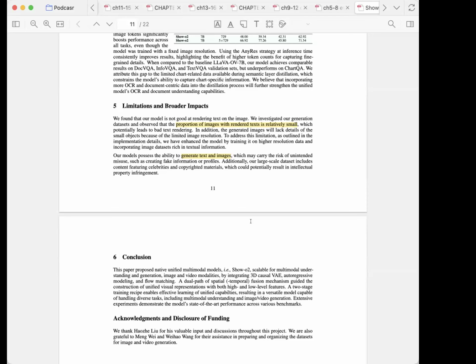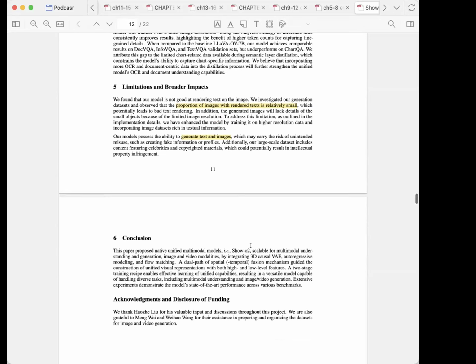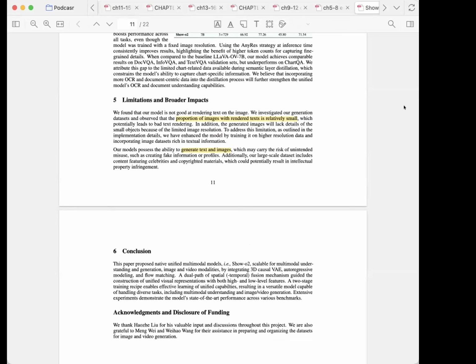Let's say there is a picture consisting of a lot of soldiers or grass. They are very subtle or nuanced objects. For objects that are farther away or in a very small part of the picture, it is hard for Show-O2 to capture the details. And those are the two limitations.